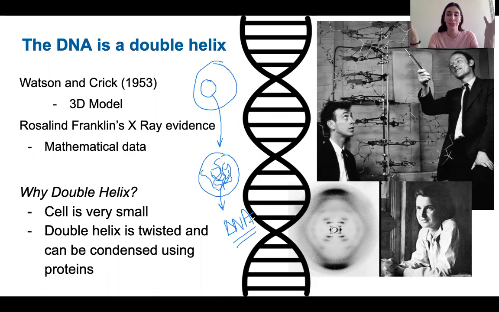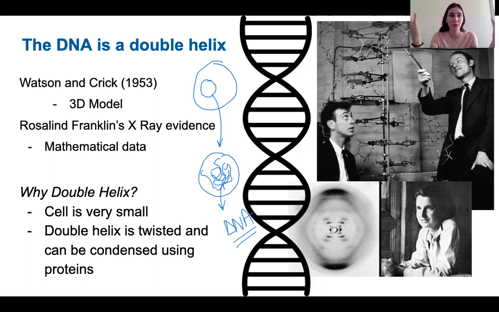Because it's a double helix shape, the DNA is able to twist and condense using proteins to help it become smaller and smaller, small enough to fit inside the nucleus.